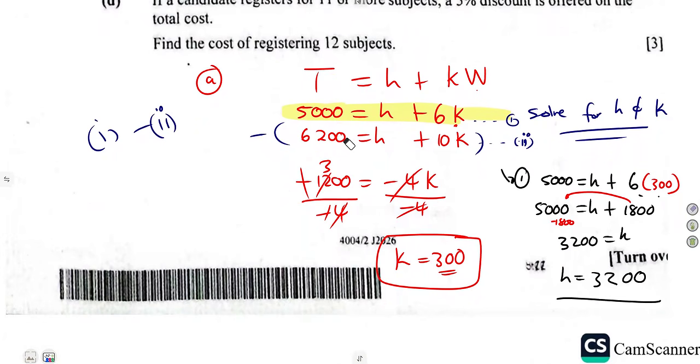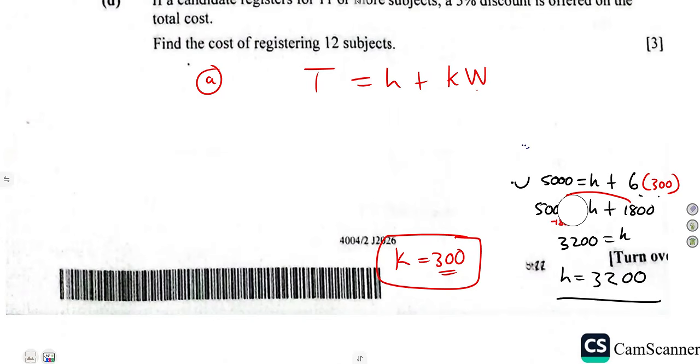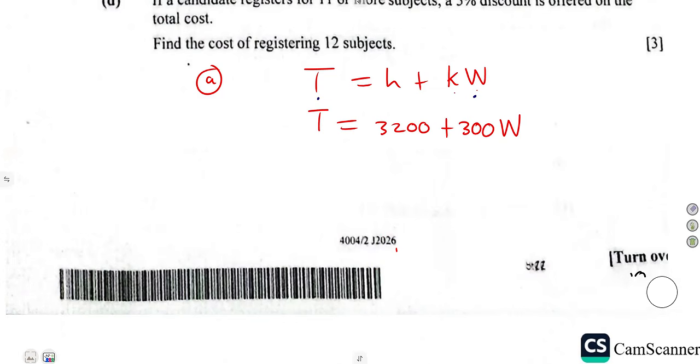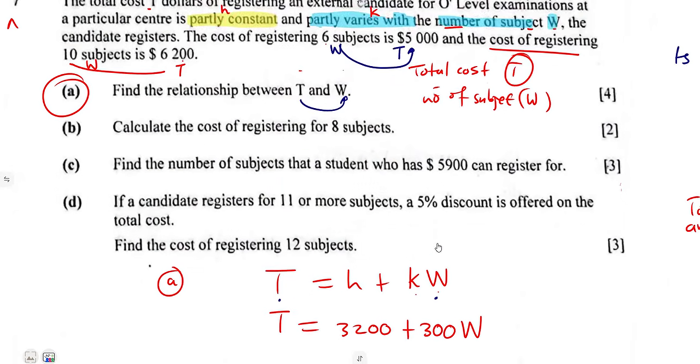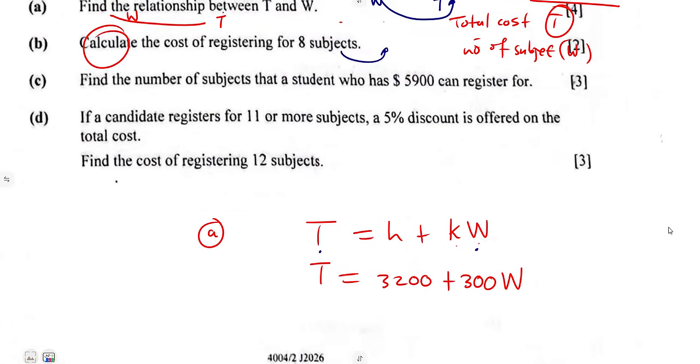After you have solved everything, you substitute those values to find the relationship between T and W. You have to substitute the constants, the H, which is 3,200, and our K, which is 300, times W. So that was the relationship that you're being asked for on A. Using this relationship, we can answer all these questions that we are given here from that given relationship.